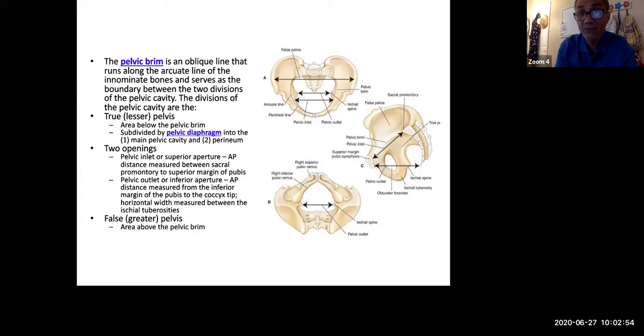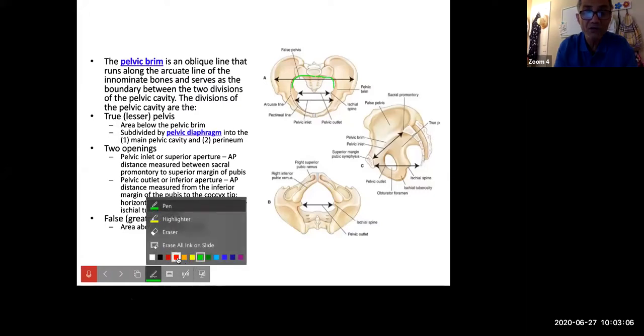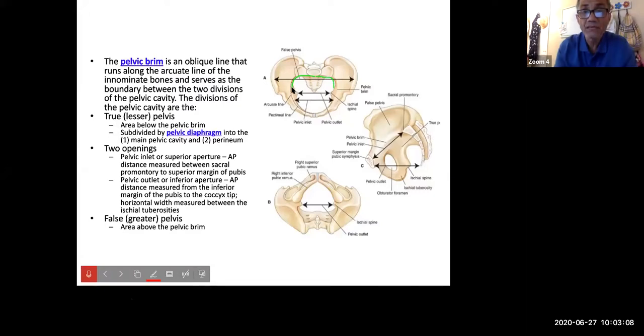This is the sacral promontory. The line that starts from the sacral promontory is the arcuate line on the right and the arcuate line on the left. A continuation further of the arcuate line will be the pectineal line. That is what we refer to as the pelvic brim.